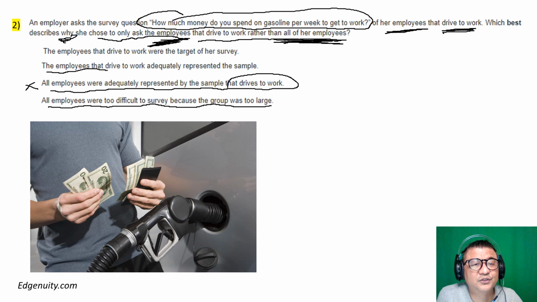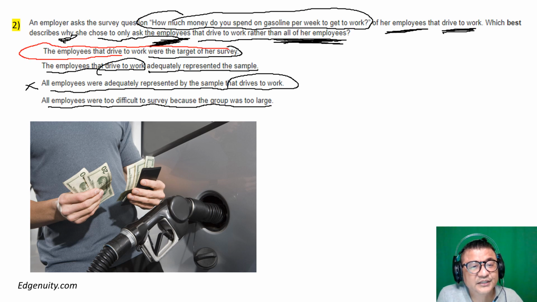All employees that drive to work adequately represented the sample. No. The employees that drive to work were the target of her survey. Yes. That's the target of the survey. Therefore, they're the only ones I need to ask. I don't need to ask the others. Got it?